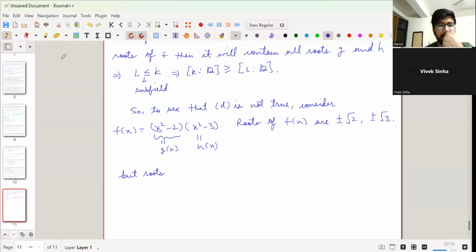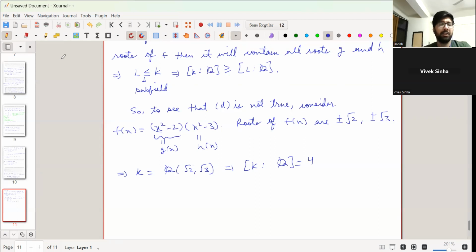So this implies the splitting field K is just you adjoin Q with root 2 and root 3, and that implies the degree of K over Q is 4.